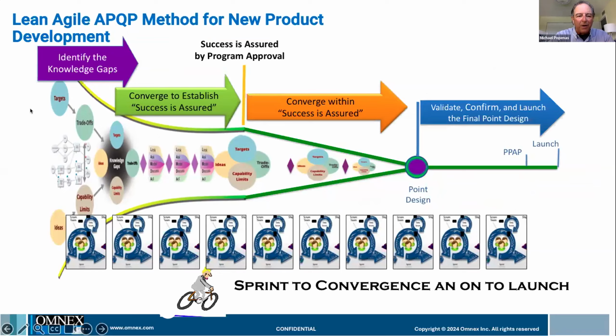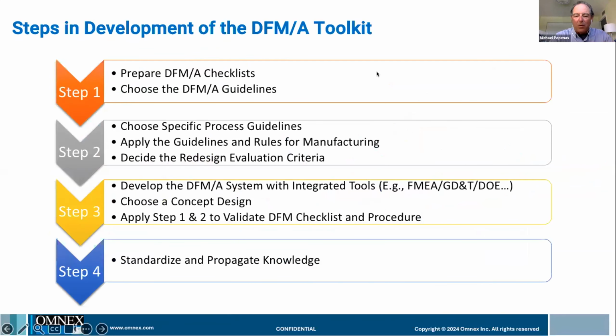It's a narrowing down of open design opportunity, a wide open space, to what actually works, driving targets, concepts, capabilities, and trade-offs so that there's less rework. There's less rework as you get to launch, which is the point design where you actually can get that waste out. So how do you help with this?